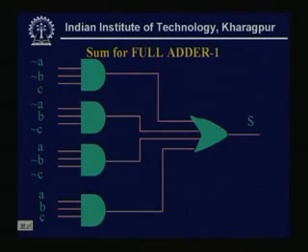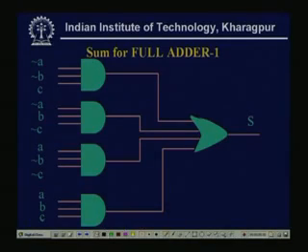The inputs of the AND gates are A dash B dash C, A dash B C dash, A B dash C dash and A B C. That means both complemented and uncomplemented variables are available, and one 4-input OR gate.